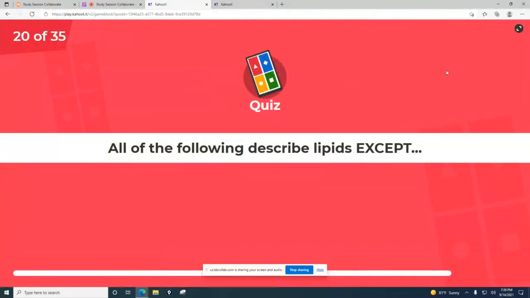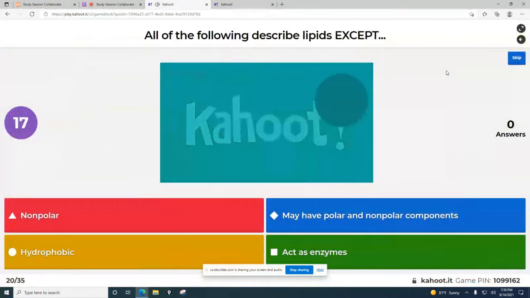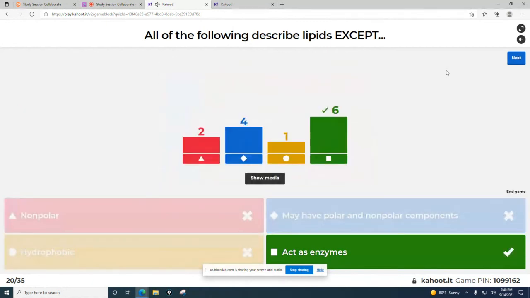All of the following describe lipids except. Protein.